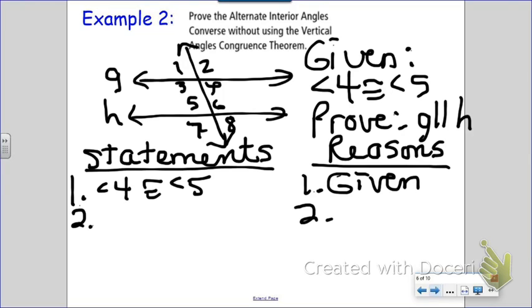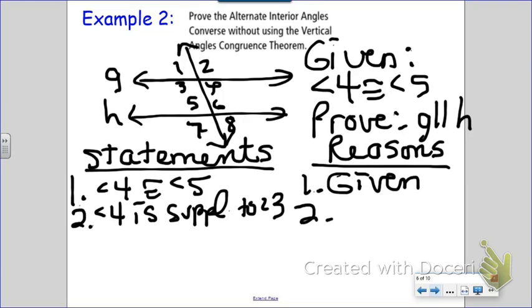We want you to use angle 4 in the proof somehow, proving that angles supplementary to congruent angles are congruent. So we're going to say angle 4 is supplementary to angle 3. And that's a linear pair, so linear pair postulate.